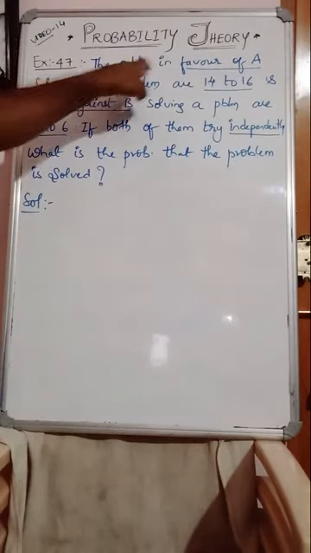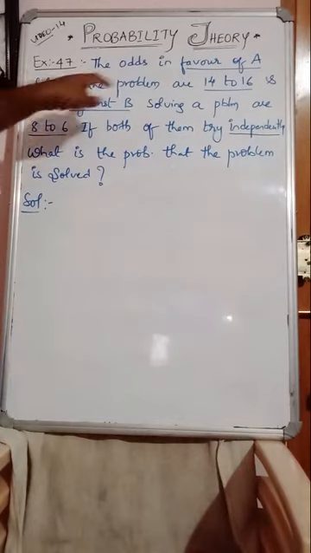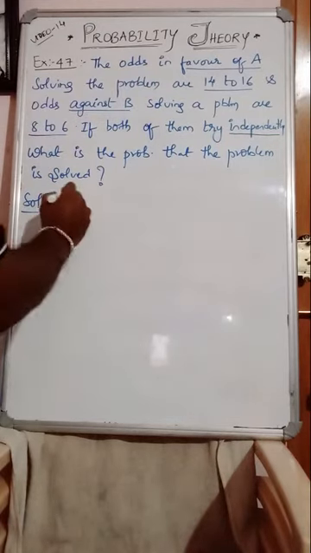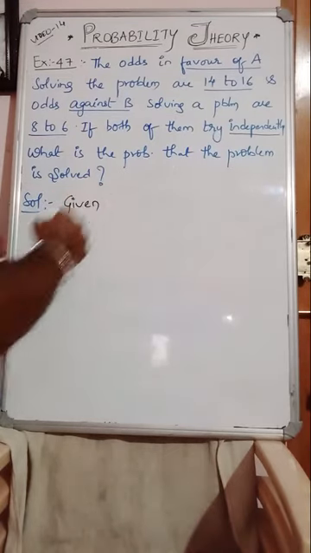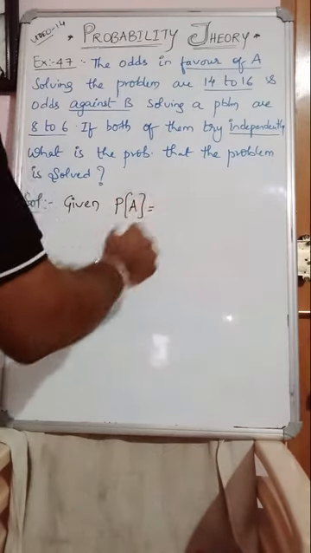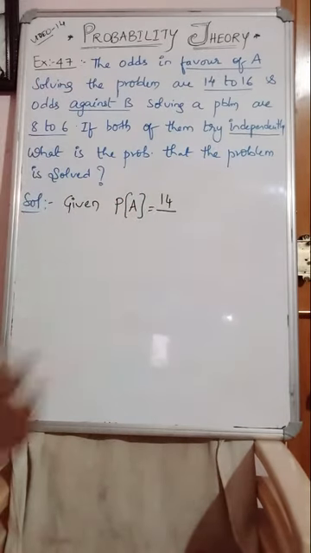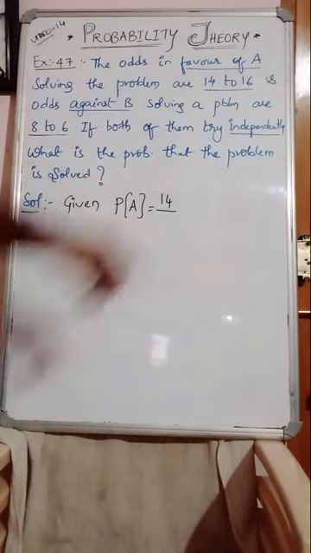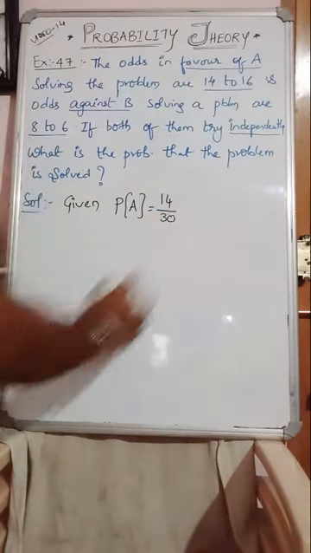First, the odds in favor of A solving the problem are 14:16. Therefore, favor means probability of A is 14 out of, you are not supposed to write 16. Remember, guys, 14:16 means the total becomes 30. Right?